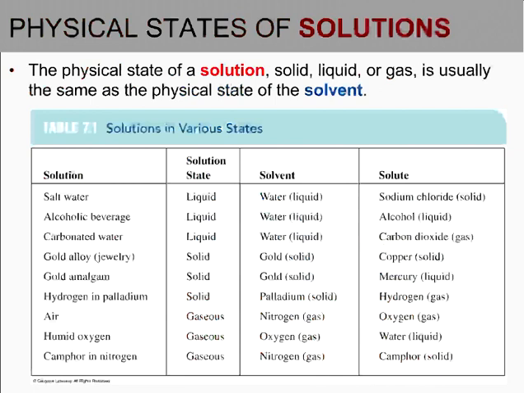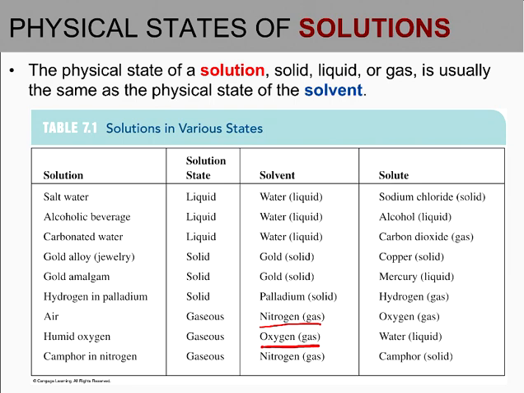So I mentioned that we can have different types of solvents. We don't just use water. We could also use, for instance, nitrogen gas as a solvent. We could use oxygen gas as a solvent.